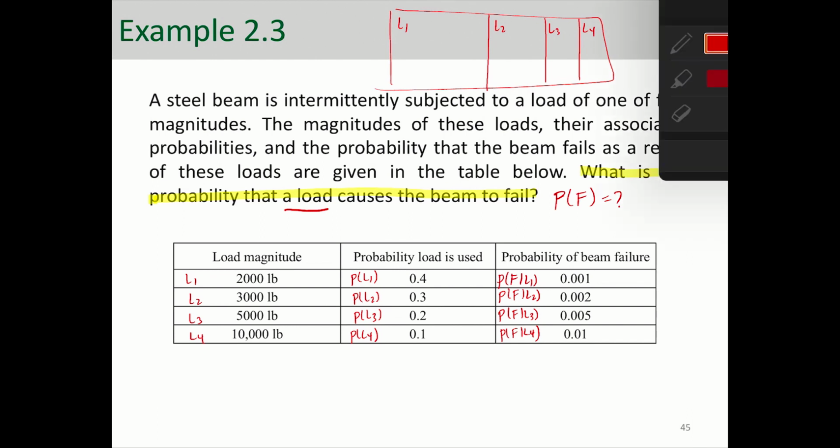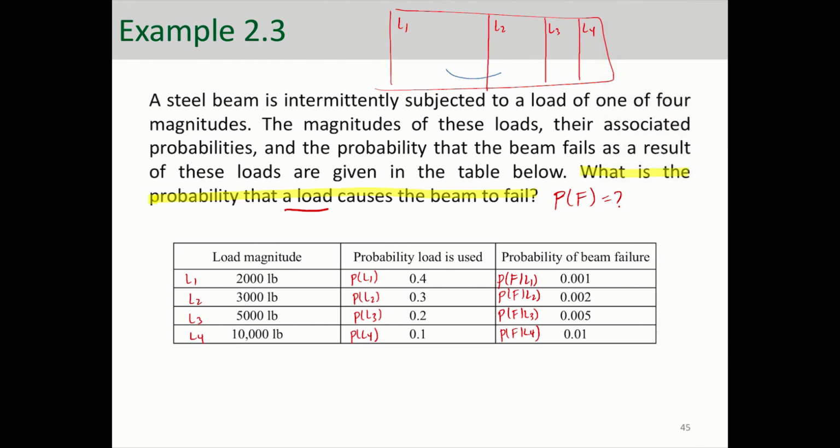But we know that failure is an event that has intersection with all these 4. If you want to calculate the probability of F, you need to calculate each one of these and add them together. So the first one is the probability of F intersection L1.